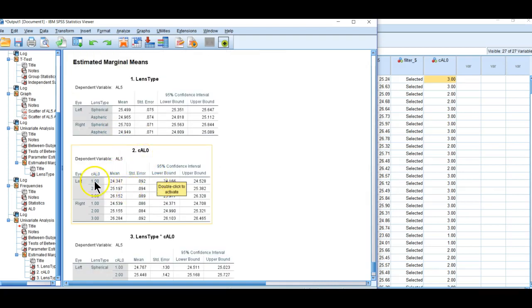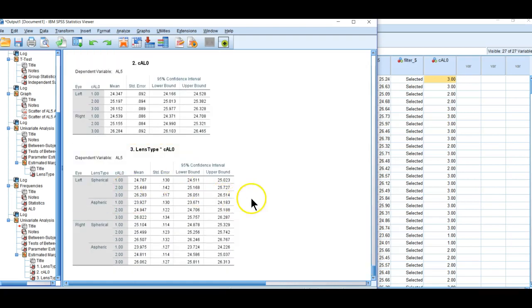The same way you wouldn't do the category, the shorter, medium, and long axial length at baseline. You want to look at lens type by baseline category.